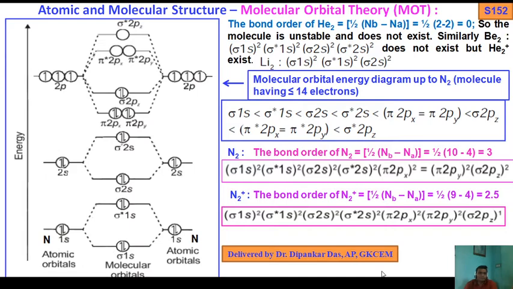Next, move on to the MO electronic configuration. In your exam, a question will come: draw the MO diagram of either B2, C2, N2, up to 14 electrons, and write down the electronic configuration. Very important questions. Or for greater than 14 electrons, draw the MO diagram for O2, F2 and Ne2, so oxygen, fluorine and neon.